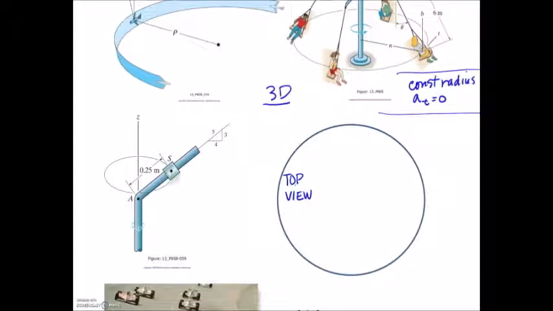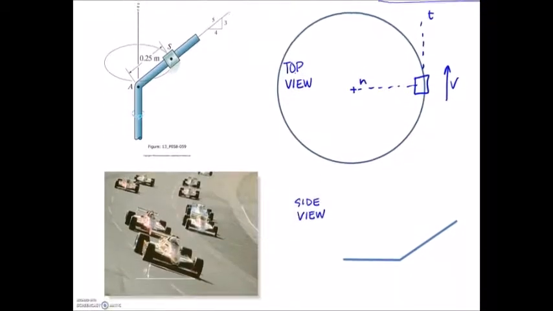From the top, we have an object that has a velocity, and the tangent direction will be in the direction of the velocity. The normal direction points in toward the center of rotation, or the center of the circle, and that's really all we'll look at on the top view, but the side view is where the interest is.